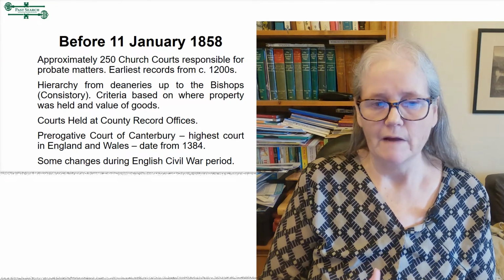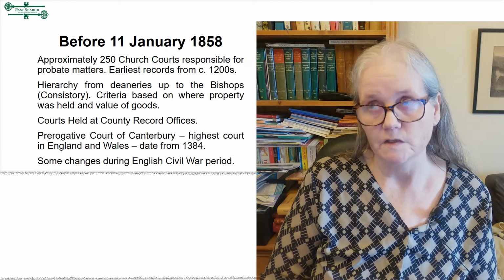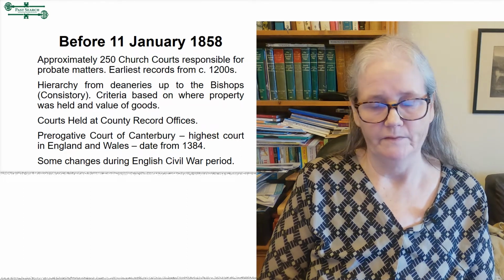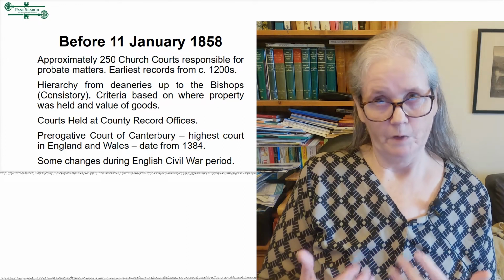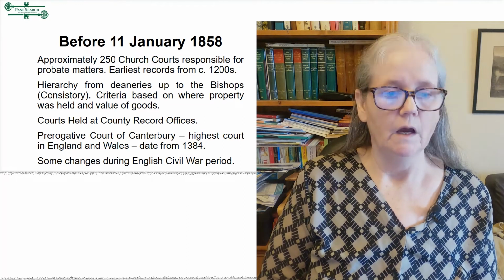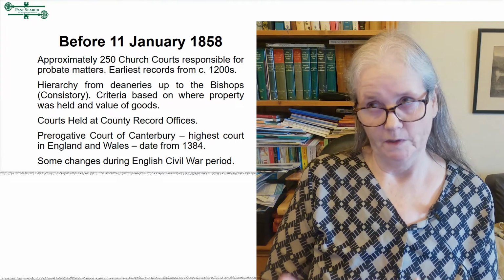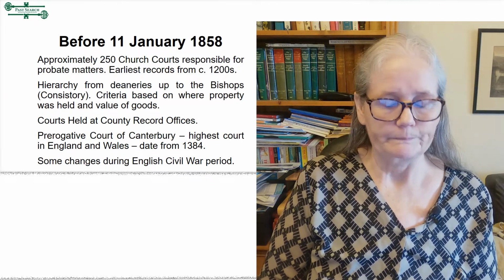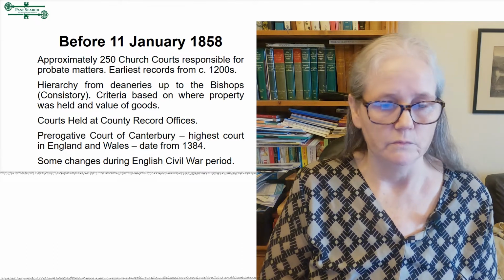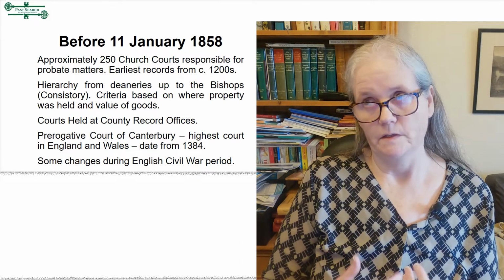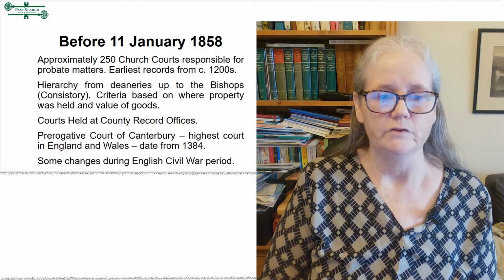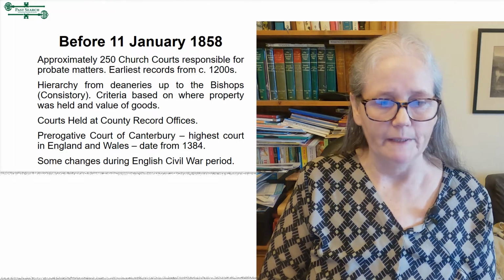Before that, there were around 250 church courts responsible for probate matters, and probate was primarily the responsibility of the church. And when we talk about church today, we're talking about the Anglican Church, the Church of England in England and Wales, and obviously pre-Reformation, there was no Anglican Church, but when we talk about the church today, that's what we mean.